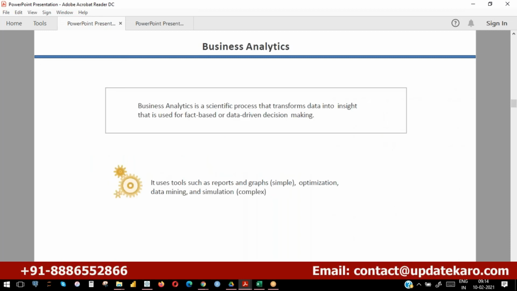So what is business analytics? Business analytics is a scientific process that transforms data into insight that is used for fact-based or data-driven decision making. I don't have to explain this once again, right? So you need data.